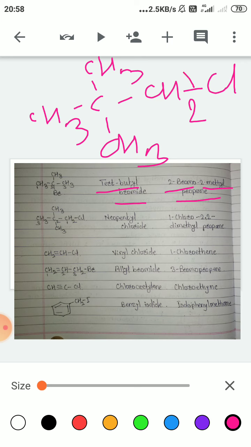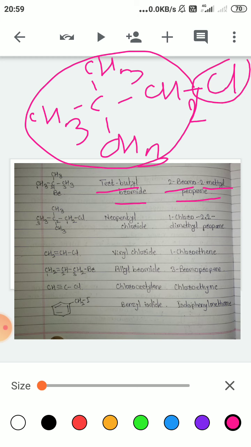Again you have to remember, here it is the neopentyl group, and as it contains chlorine, it is called neopentyl chloride. Don't be confused by isopropyl, isobutyl, tertiary butyl, neopentyl groups. You just have to make a practice of writing and recalling these groups.